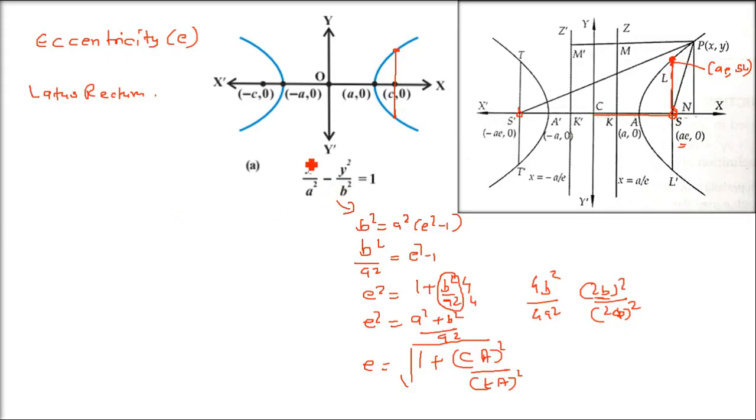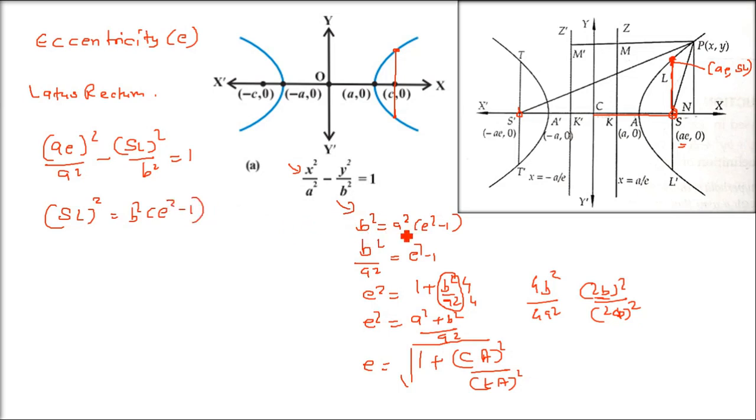But I know that this point is on the hyperbola. So I can just put it here in the place of x and y. A square e square by a square minus SL square by b square equals 1. So we have SL square equals, just rearranging it, SL square equals b square times e square minus 1.